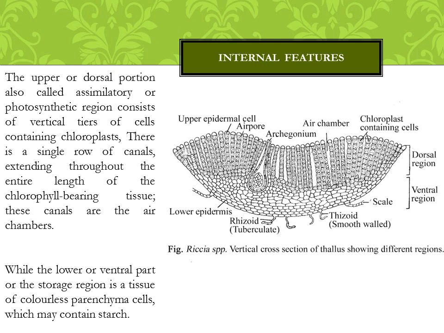The air chambers may be narrow or wide due to the compactly or loosely organized assimilatory filaments. So the storage region merges gradually into the assimilatory region, and this is compact colorless undifferentiated parenchymatous storage region.